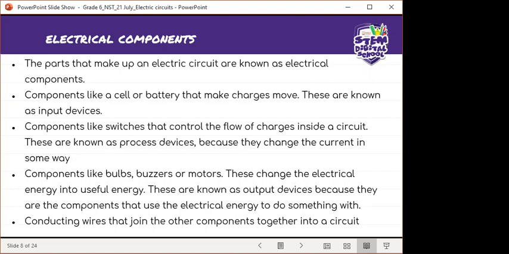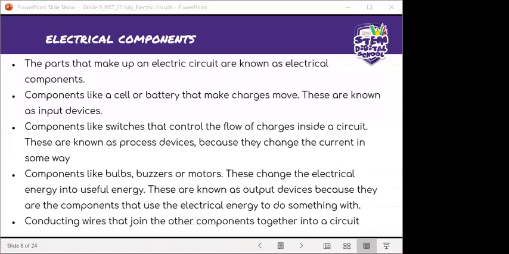Okay, so Tukelo, I see your hand is going up and down. There we go. Yes, ma'am, I have an answer to your question: do you guys want to build an electric circuit at home? Yes, ma'am, we do. Okay, thank you very much for that. You're welcome, ma'am.